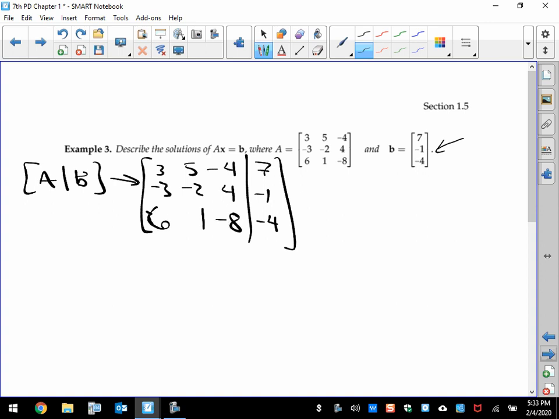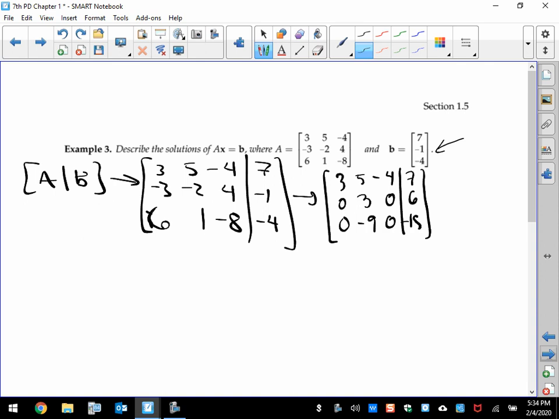Okay, it's positive 6. Okay, same row operations as before. So the first row is going to remain unchanged. These two will be zeros. We want to add row 1 to row 2 to get 3, 0, and then we're going to get a 6 here. And then we'll subtract 2 of row 1 from row 3 to get a negative 9 here, and a 0, and a negative 18 here.